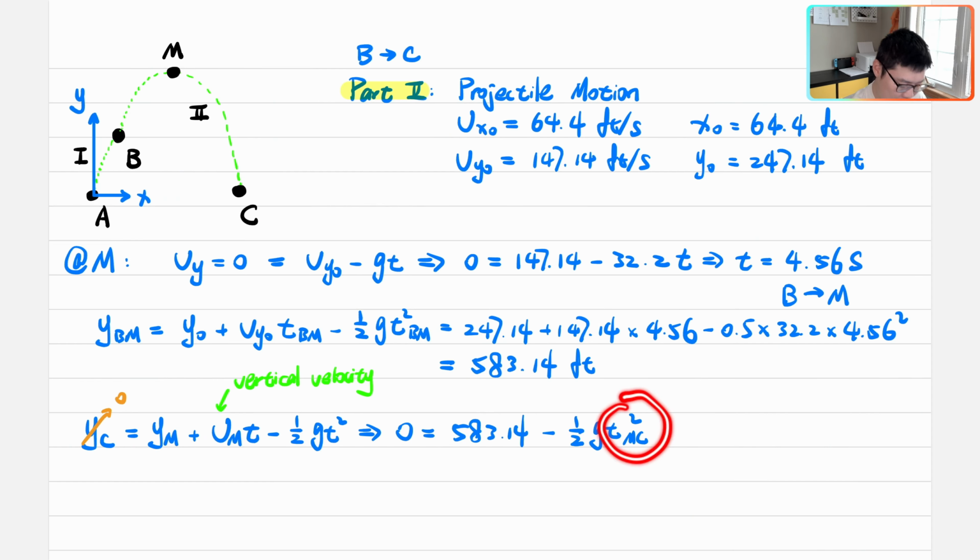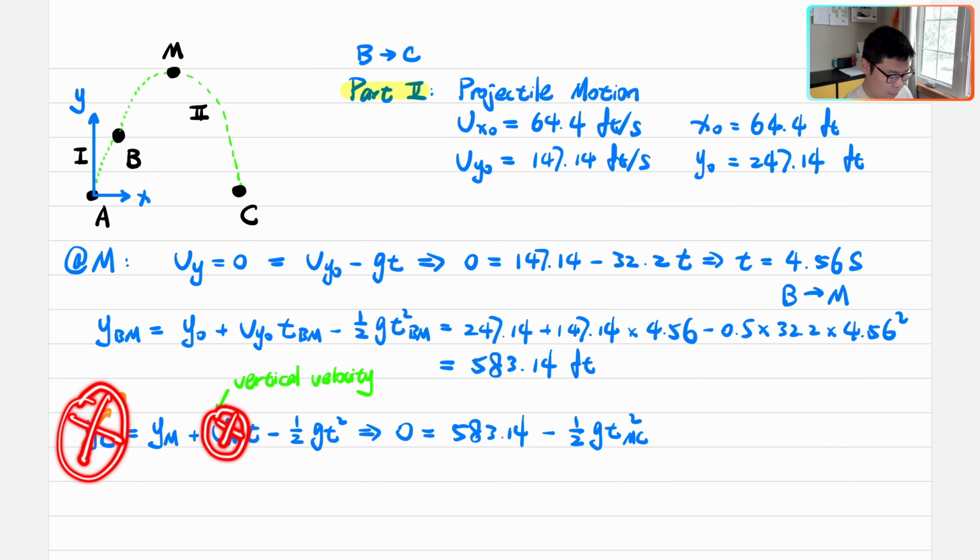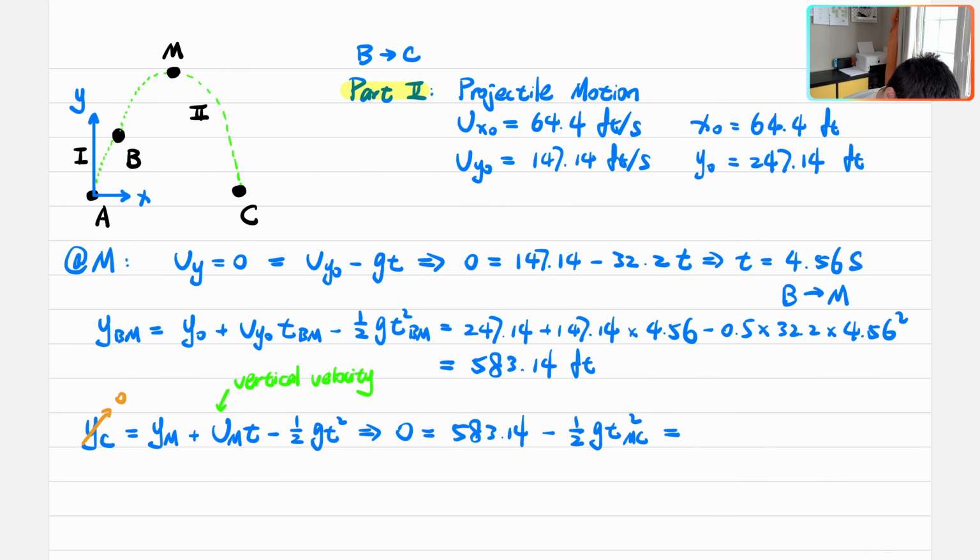We are finding out how long it takes to fall from M to C. Since this term is 0 and this term is 0, the only terms we have are these two, with an unknown t. That's what we want to find out. So given that, subbing everything, you should get the time flying from M to C is 6.02 seconds.